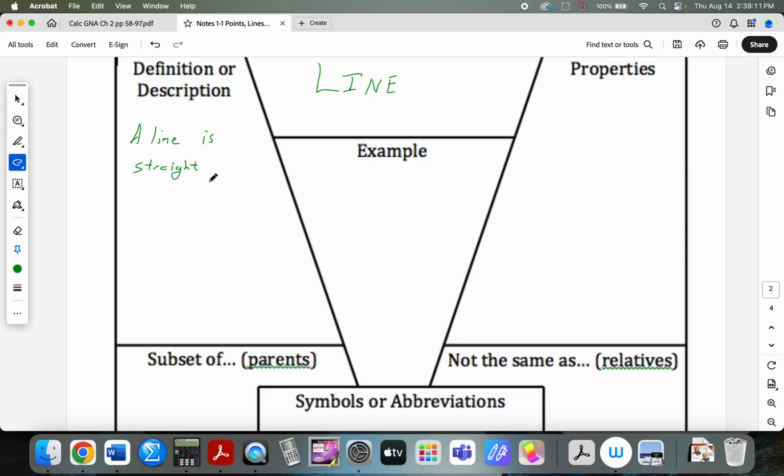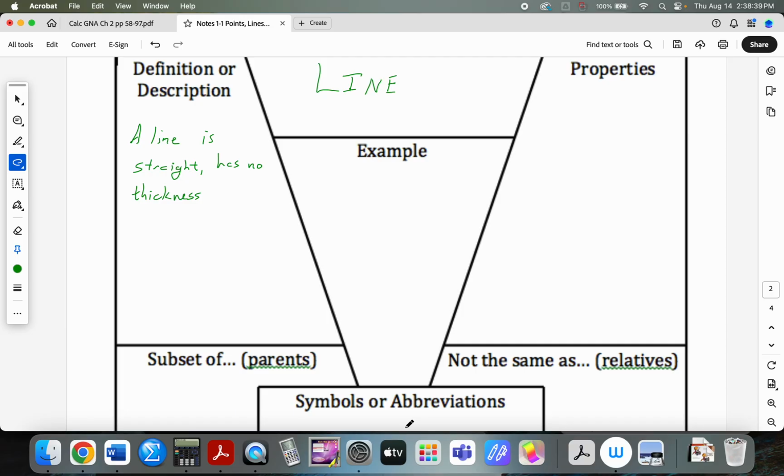More than that, something that you don't normally think about is that it has no thickness. So what you draw on your paper is actually not a line. It is a representation of a line. It's the best you can get.